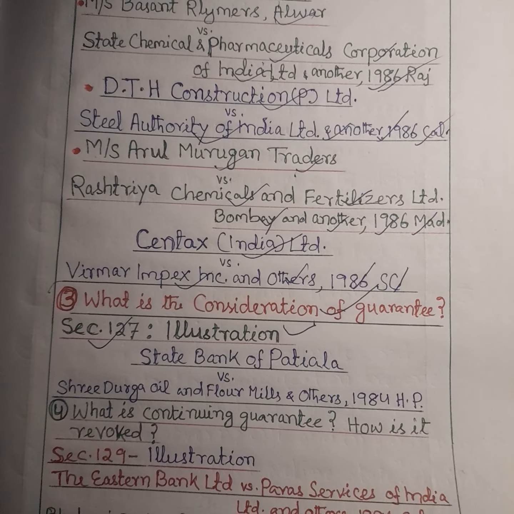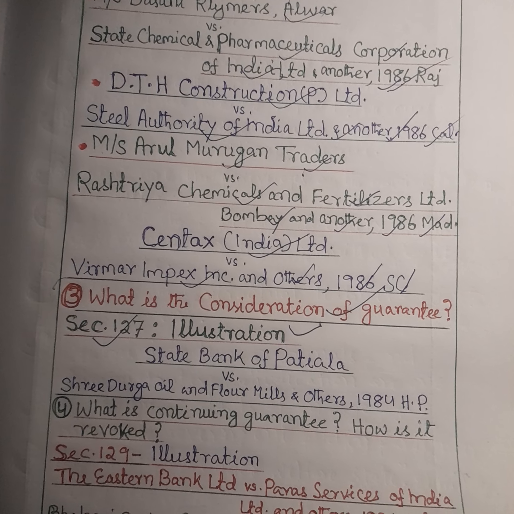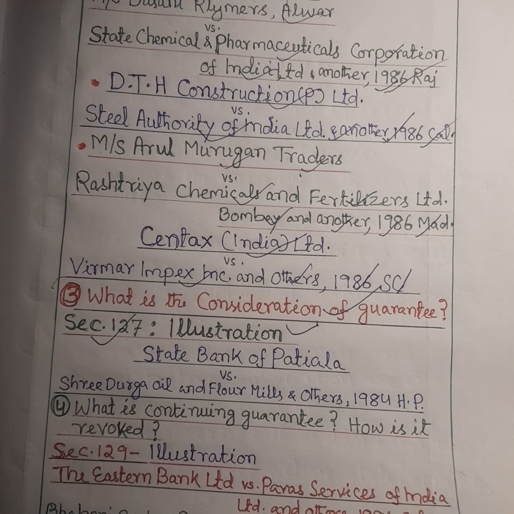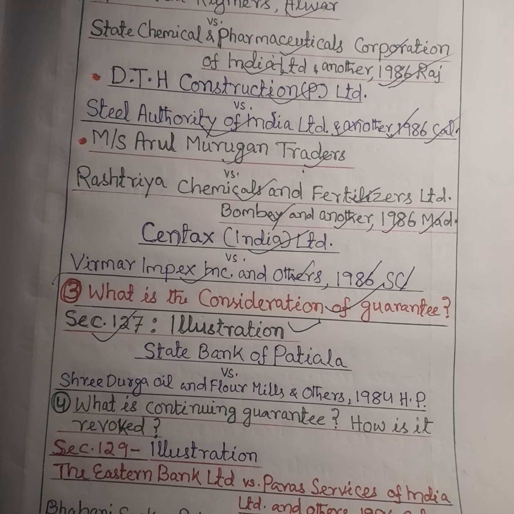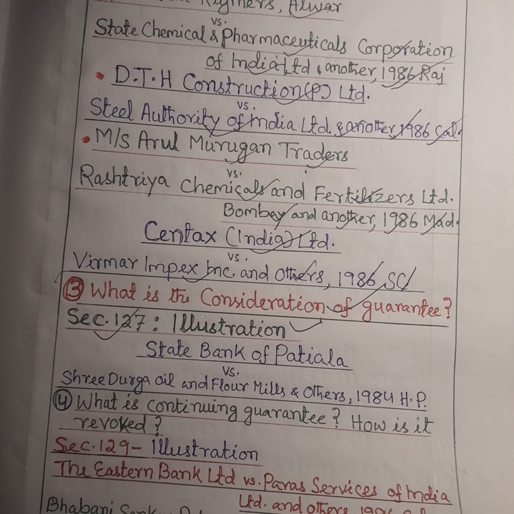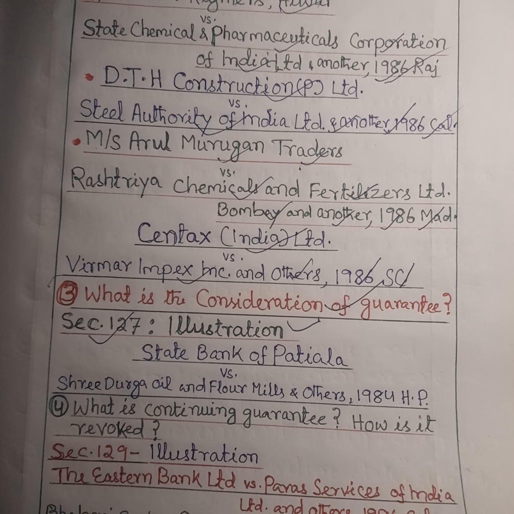And so also we'll discuss another illustration. A sells and delivers goods to B. She afterwards, without consideration, agrees to pay for them in default of B. The agreement is void.